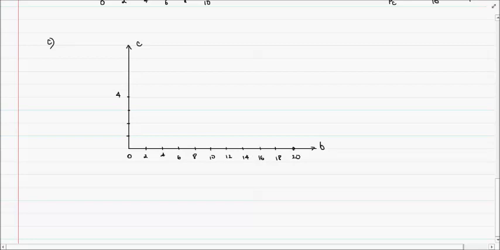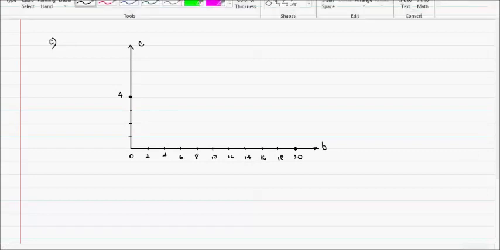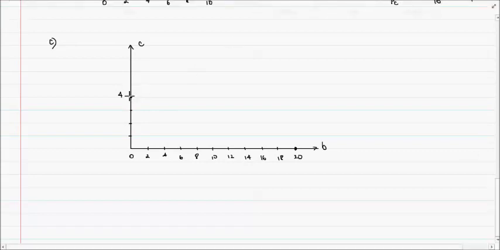So the first one is 4 and 20, which is here. If I use a straight line to connect these 2 points together, I'm going to get the first budget line. So this is C1.